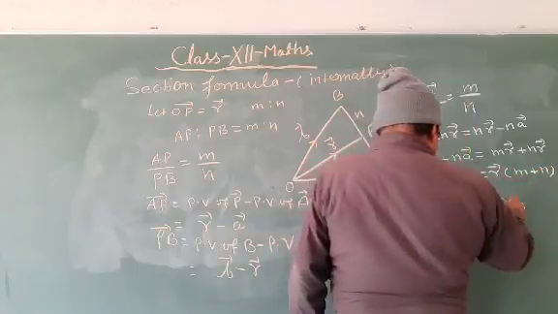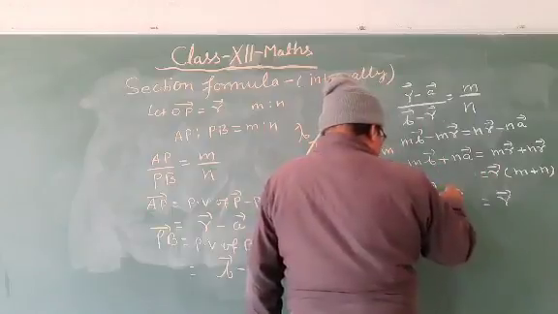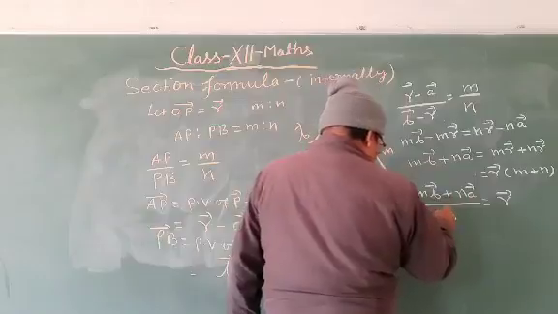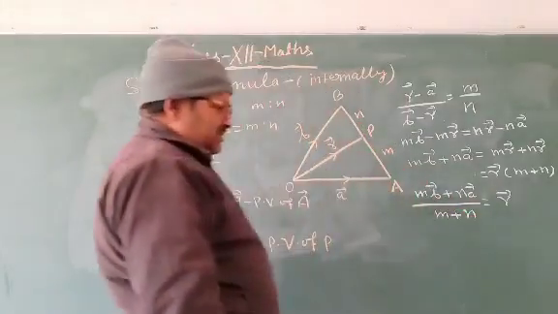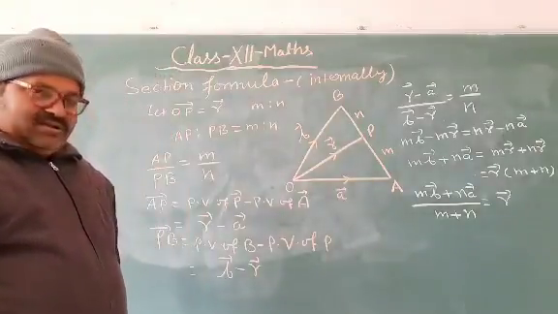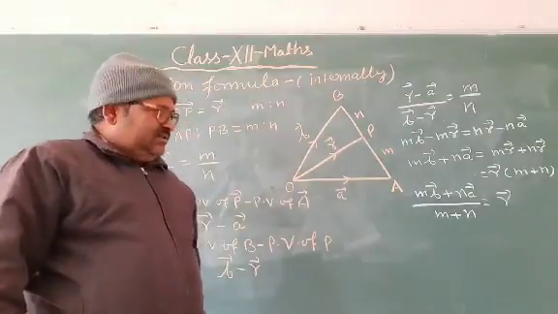So vector R is equal to (m vector B plus n vector A) upon (m plus n). This is the section formula for internal division.